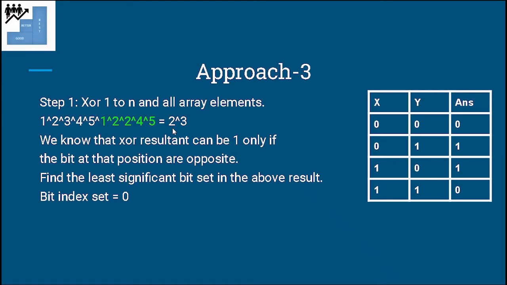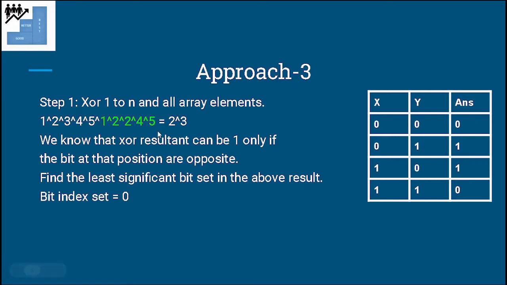Okay, so we know that the resultant bit would be 1 only if the corresponding bits on the two numbers in this operation are opposite, according to the truth table for XOR. So we find the least significant bit which is set in the above result.